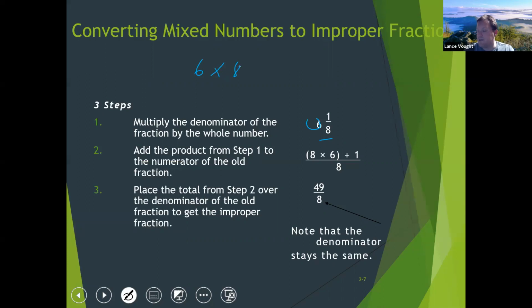6 times 8 is 48. However you get to that is fine. If you're slow with single digit multiplication, I would recommend finding a multiplication table on Google, looking over it a few times, and then it should come to you.